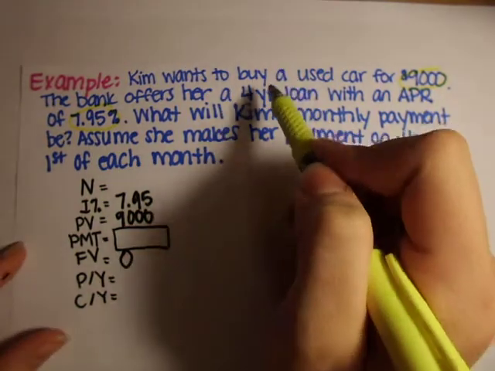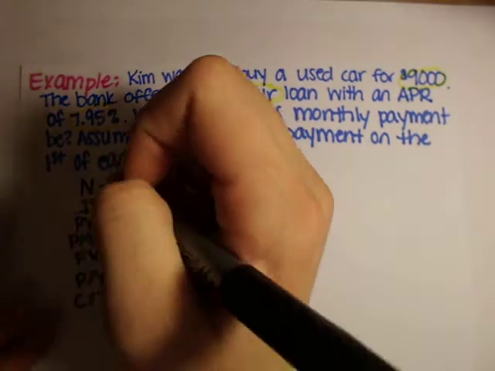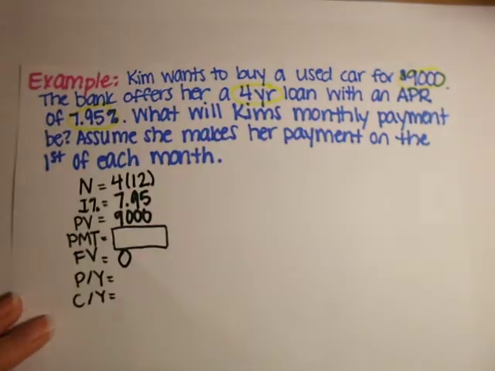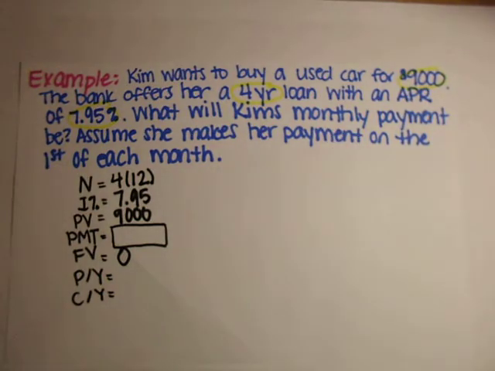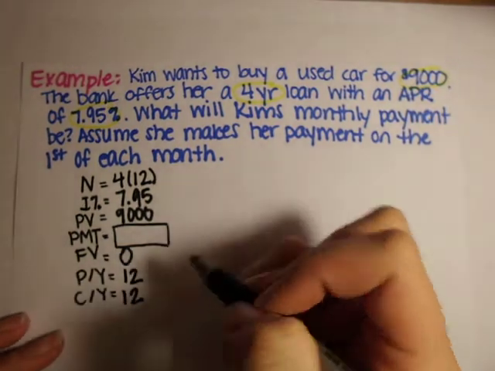And we know it is a 4-year loan. So we're going to say 4 times 12, because it'll be compounded monthly, because she's making a monthly payment. Our payments per year will be 12, and compoundings per year will be 12.